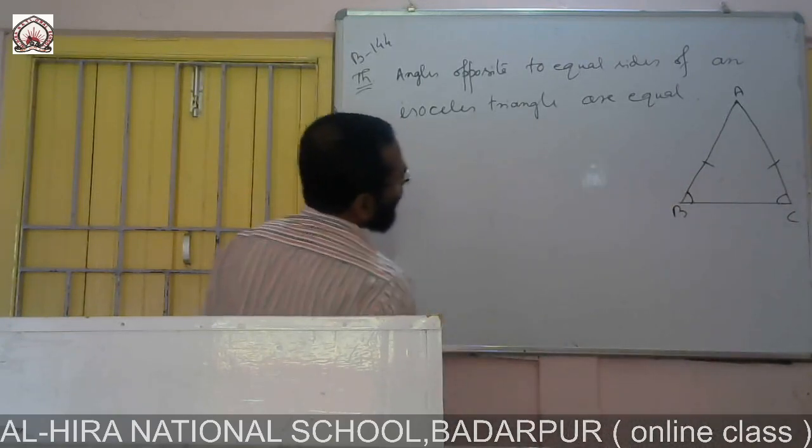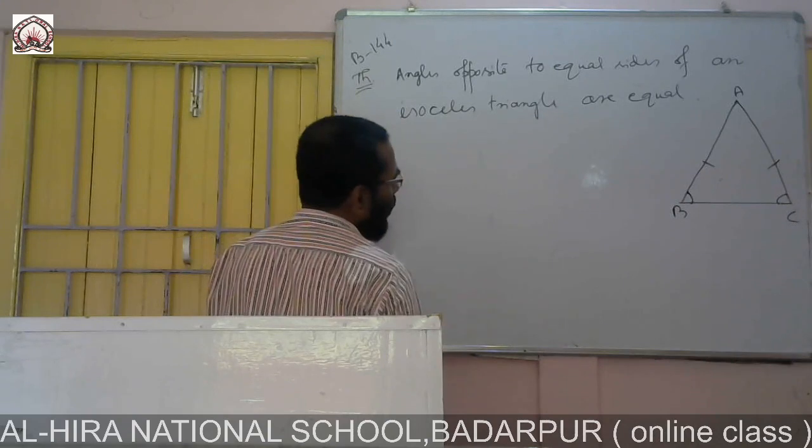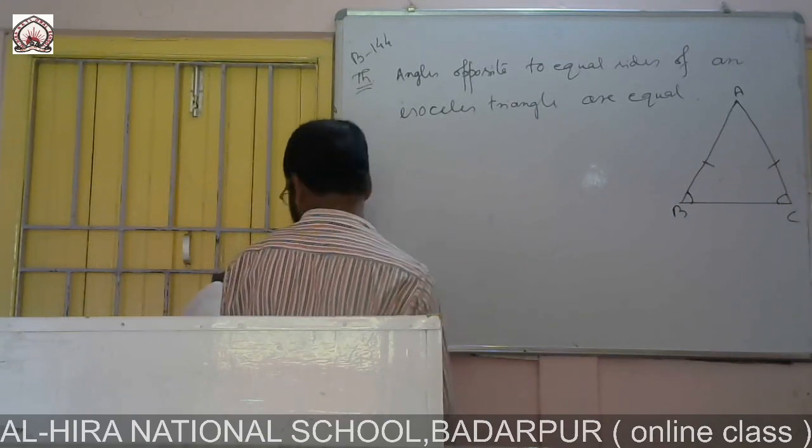This triangle ABC is given, AB is equal to AC. We have to prove angle B is equal to angle C.